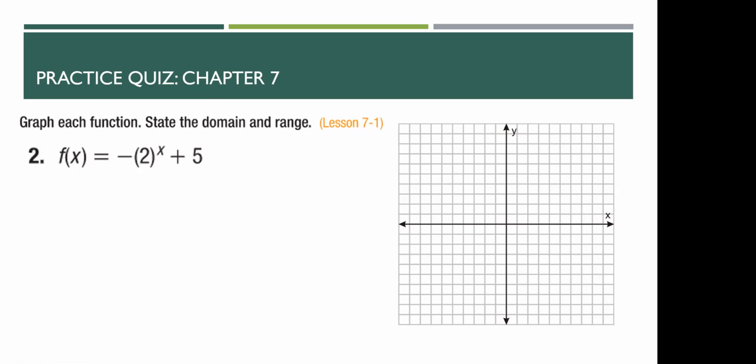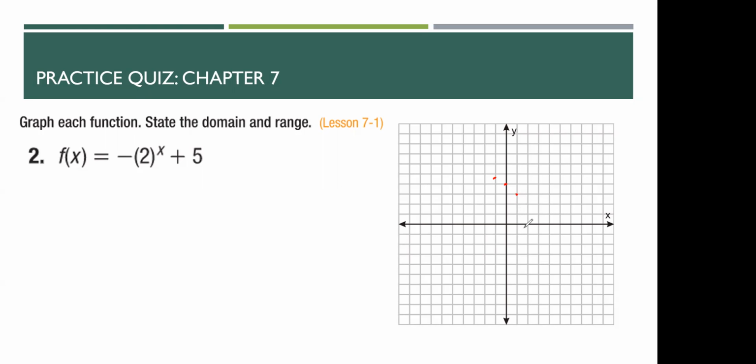Okay, so basically, we had our points. When x was negative 1, f of x was 4.5. When x was 0, f of x was 4. When x was 1, f of x was 3.